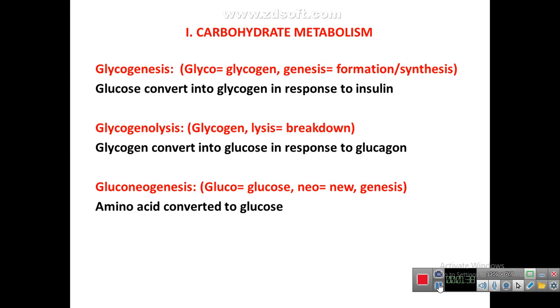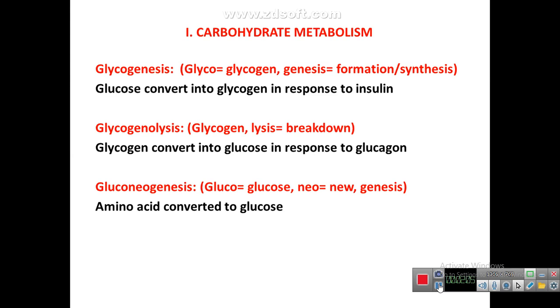When there are many glucose units in the body, the process that occurs in the liver is known as glycogenesis. Glyco is for glycogen, genesis is for formation or synthesis. When many glucose units are present in the body, they join together to form glycogen in response to the hormone insulin.